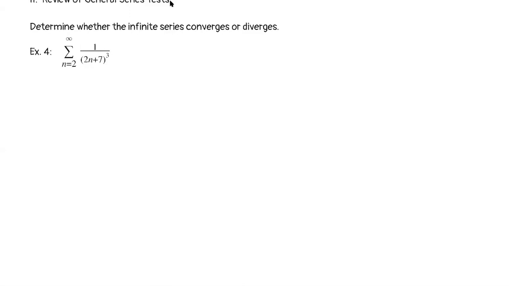I could do the divergence test, but remember, if I get 0 out, it's inconclusive. If I look at this, I don't think it's diverging because the terms are getting smaller and smaller as you go. The bigger the denominator, the smaller the fraction, right?